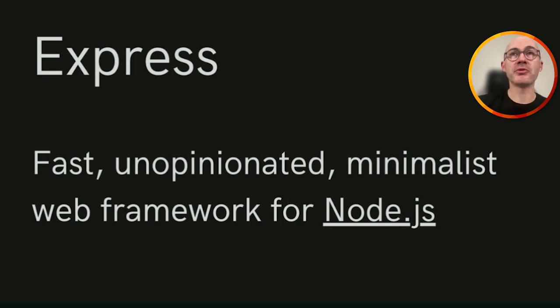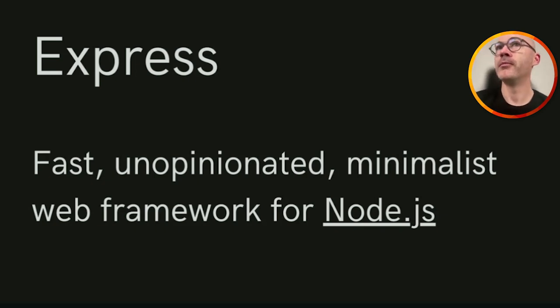Can be just about a few files or even a single file. It's unopinionated, unlike Angular. You can compose. There is a huge library ecosystem, but fast. It was fast until concurrency came in. And concurrency led to innovation and led to performance, and Express is really not the fastest solution out there.